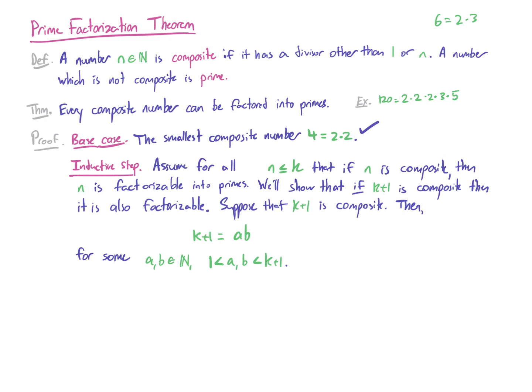Okay, so now, what do I know? Well, since a and b are both strictly less than k plus 1, they must be less than or equal to k, and that means that the inductive hypothesis applies.